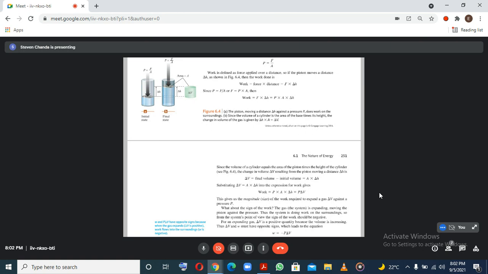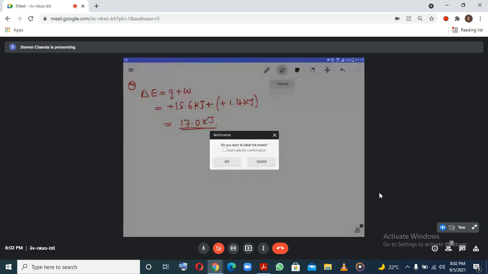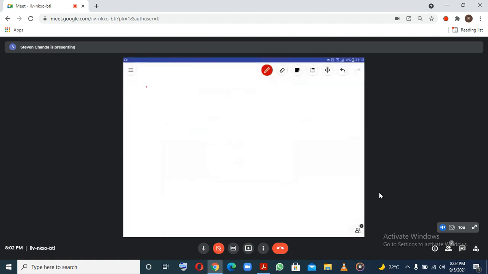So let's just wrap this up. We said work is equal to force times distance, right? But in this particular piston, the distance is the change in the height. We know that this is involving a gas, so this particular force is coming from the pressure changes in the gas.